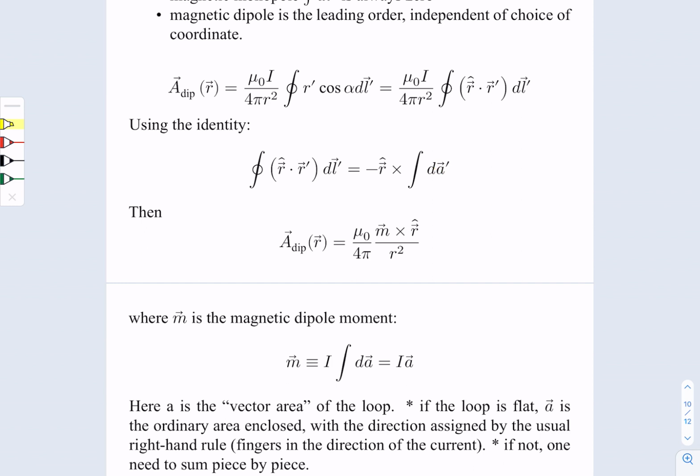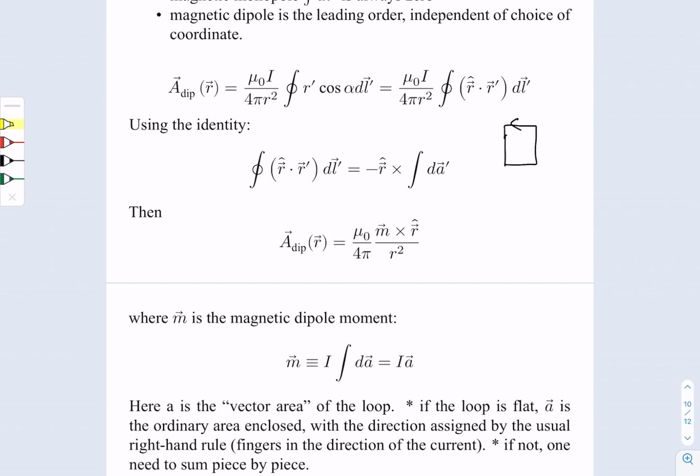So if we have a current loop that is exactly flat, then the size of the area determines the total area, and the direction of the area gives the direction of the vector.